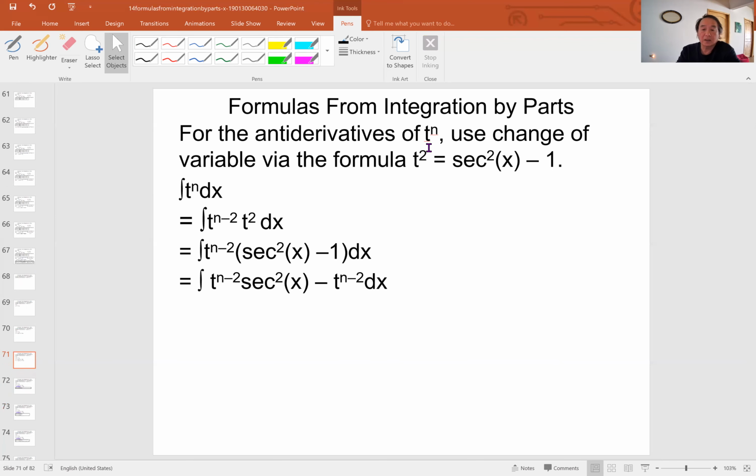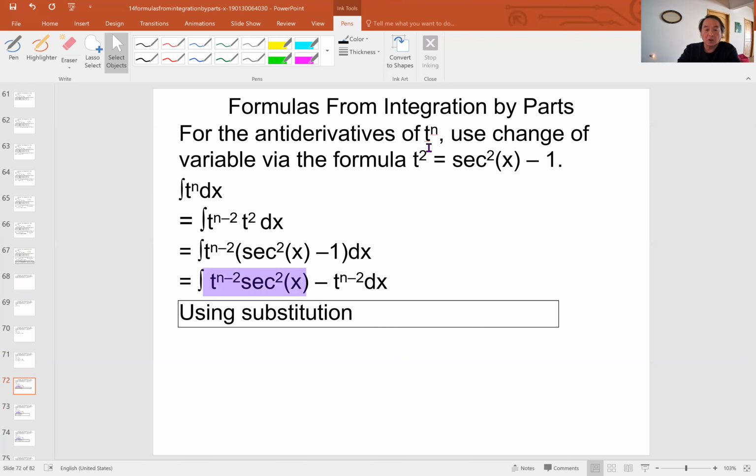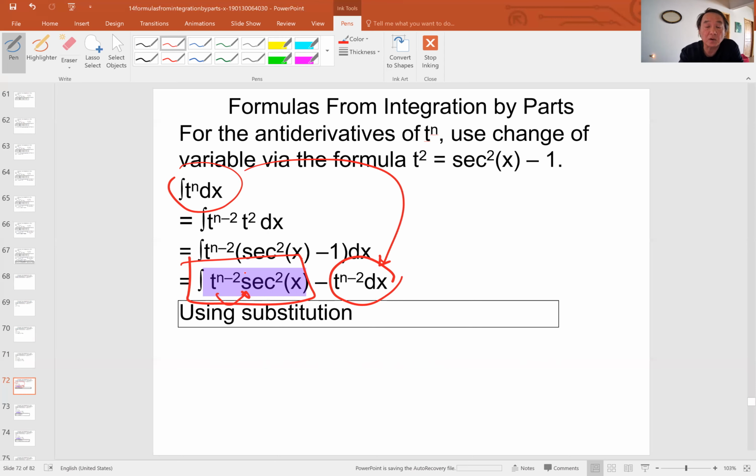How? Oh, because now we separate this into 2 things. Okay, and the first part is chopped down to an integral with power 2 less. Okay, so that's a part which we have to continue to work. But the front part, now I know what the answer is, because the derivative of tangent is secant square.